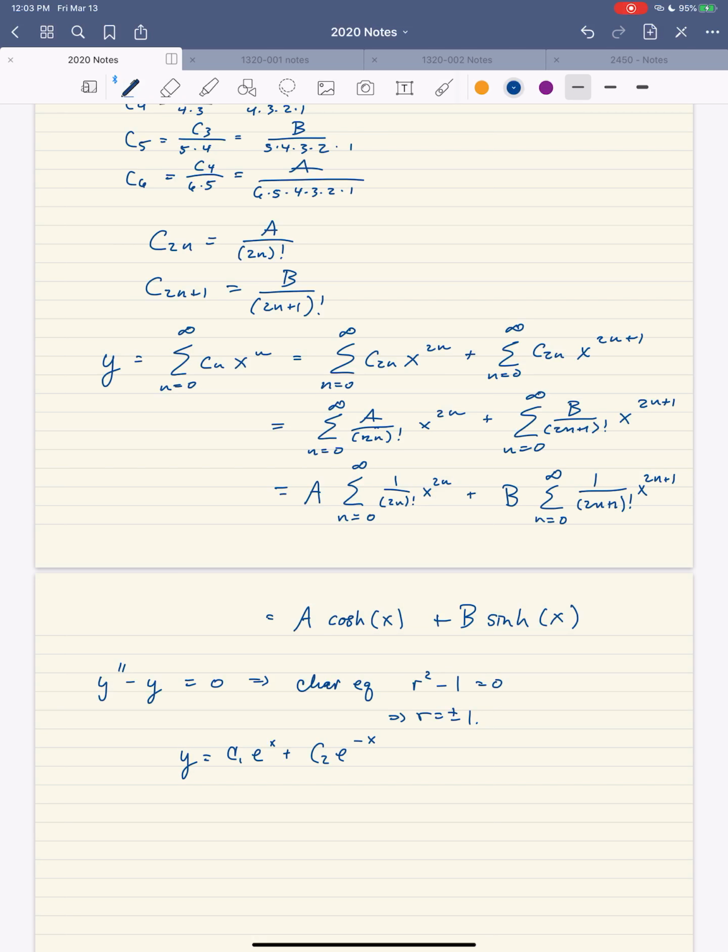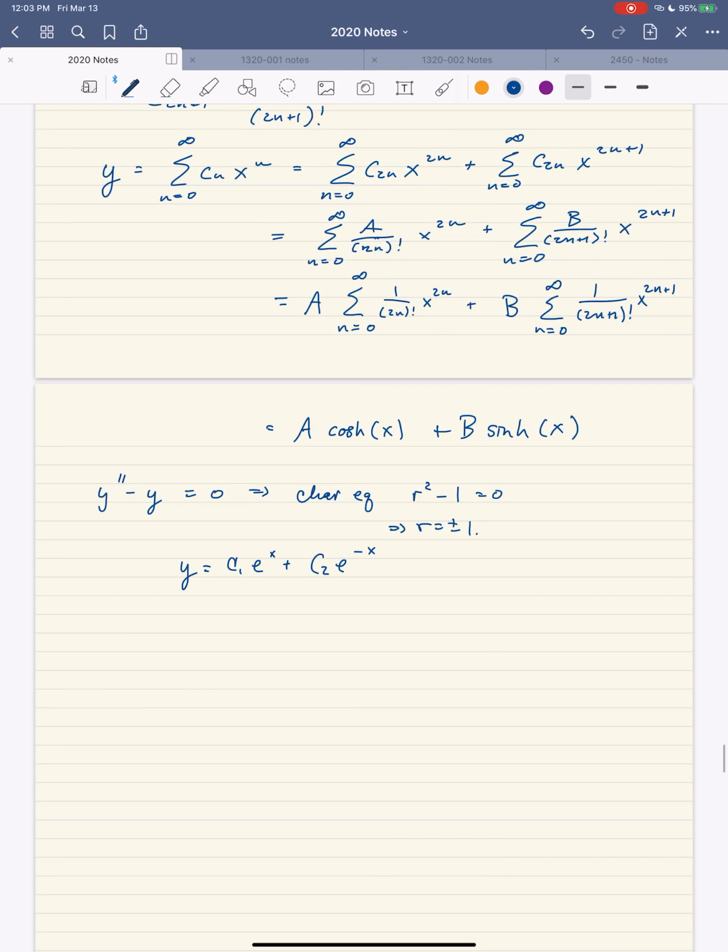And that is in fact what we get if you remember what hyperbolic cosine and hyperbolic sine really are. So just to verify that these are the same, let me siphon off our work there. We're going to get that a hyperbolic cosine and b hyperbolic sine, remember, hyperbolic cosine can be written as e to the x plus e to the negative x over 2.